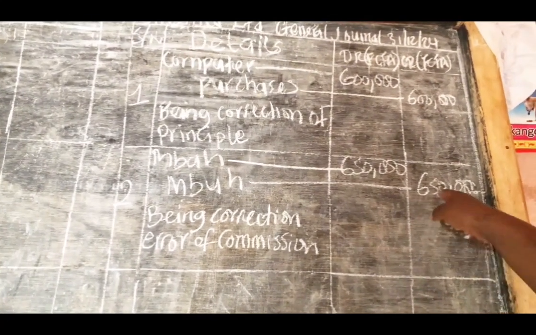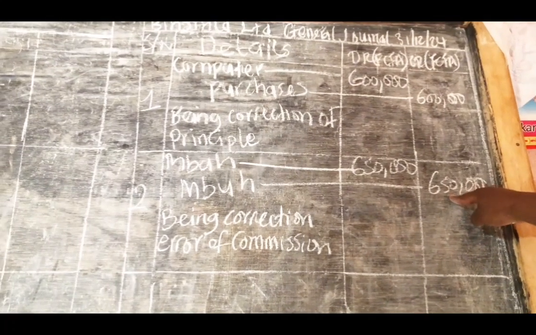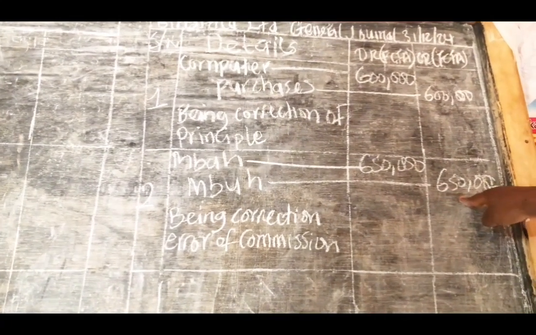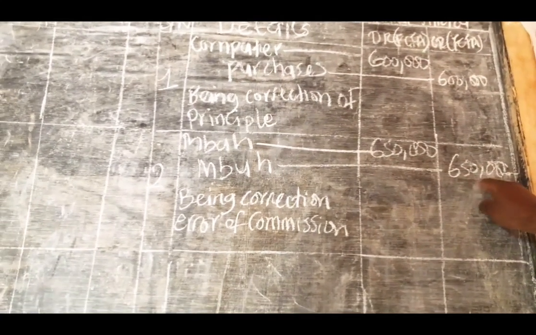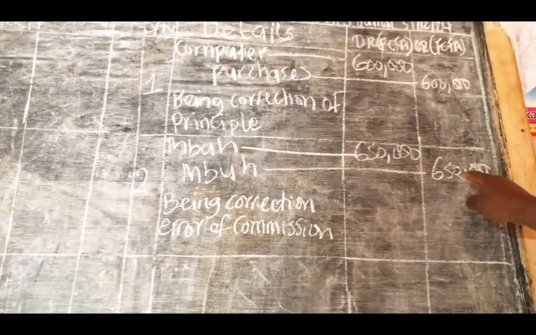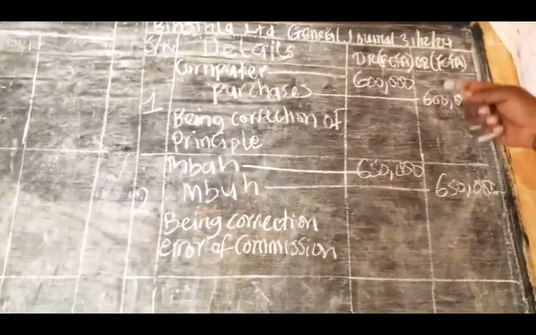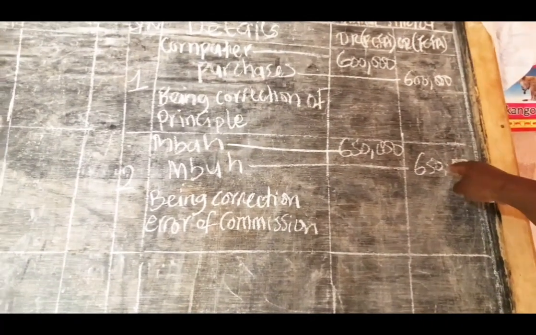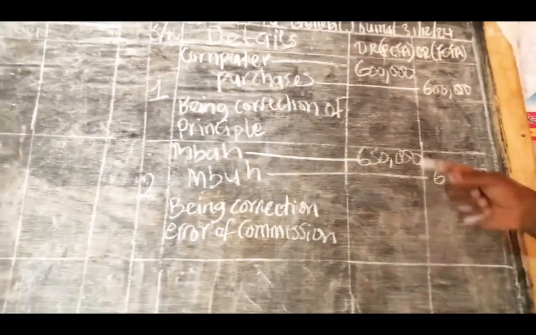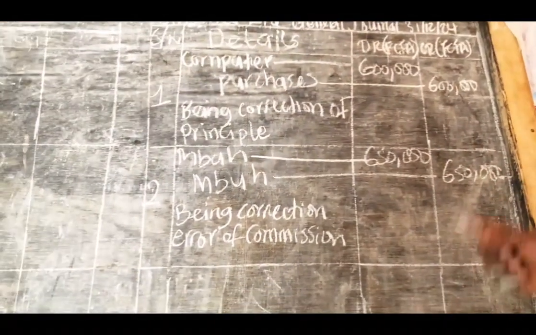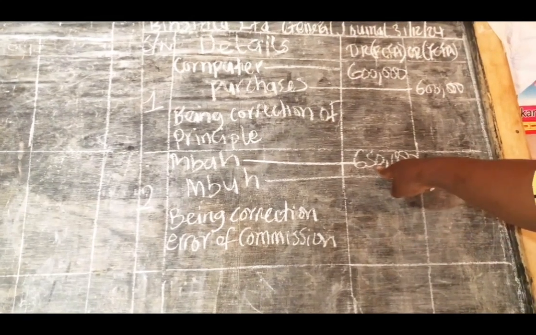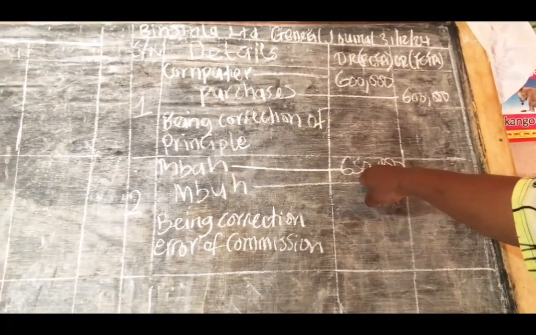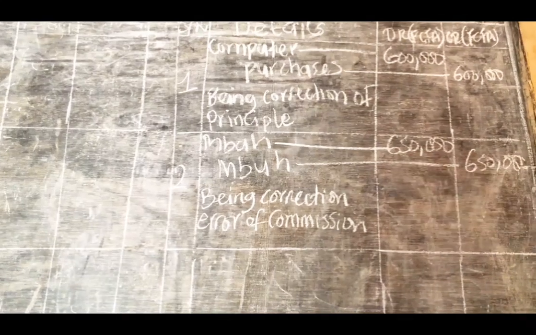Since we instead recorded in Mbu's account, we bring Mbu to the credit side so that Mbu's account will remain the way it was. We take this 650 and add it to what has been there, so that it takes you back to the initial amount the enterprise was owing Mbu. Then we debit MBA to show that we have reduced MBA's account.